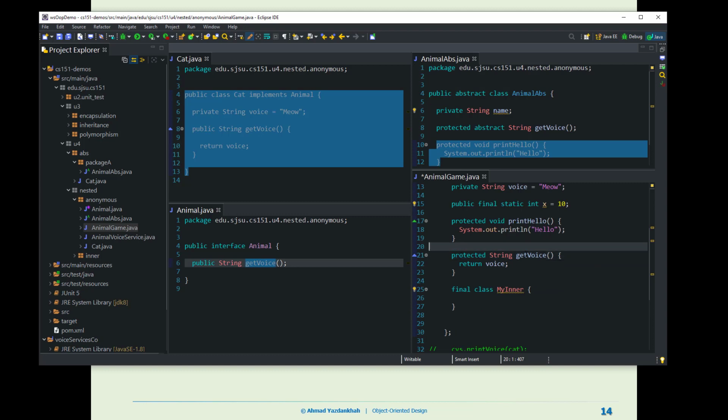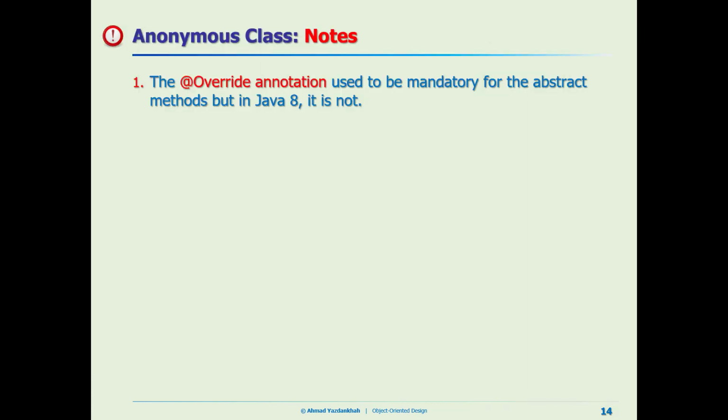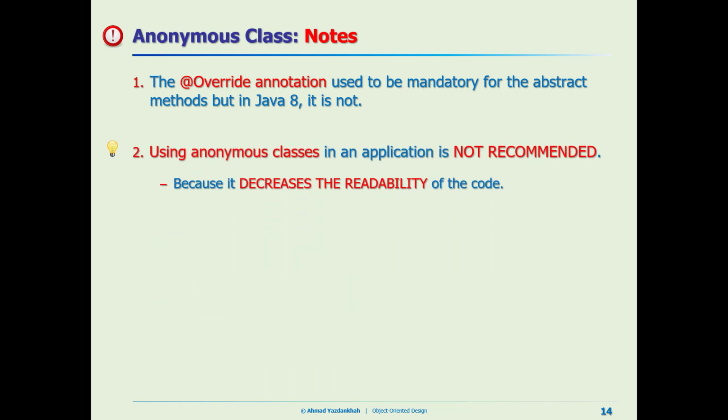It gave you a red error. And also, using anonymous classes is not recommended. Again, it decreases the readability of the code. All right, okay, so that's what I had for the anonymous class.